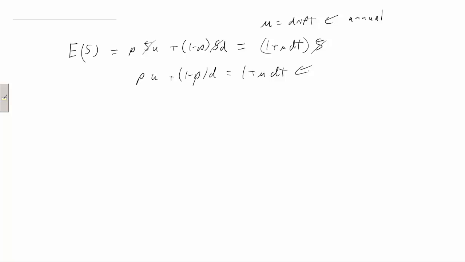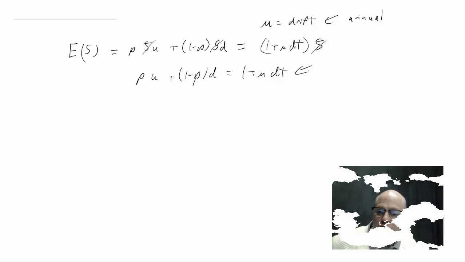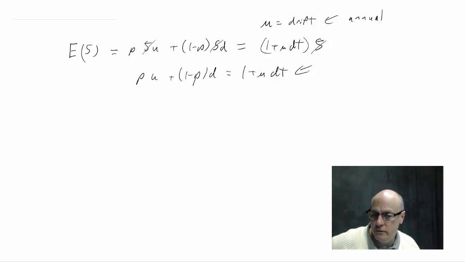The mu I measure as the annualized average return on the stock. dt we're given as the time step. If the time step's a month, then dt is a 12th. If the time step's 1 day, then dt is 1 over 252 if I'm using just trading days. So the right side of the equation, I have all its numbers.